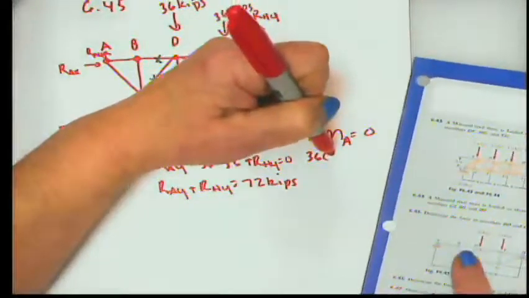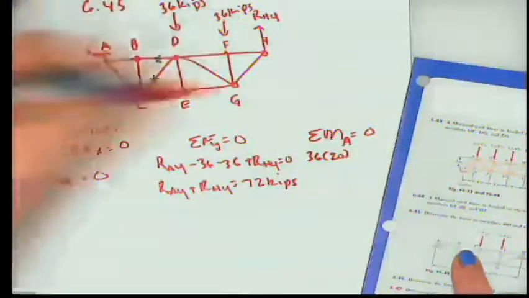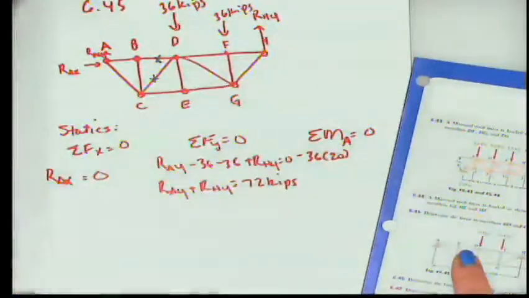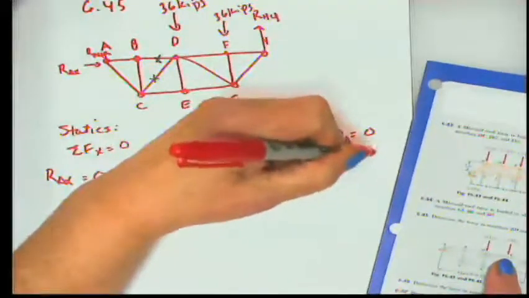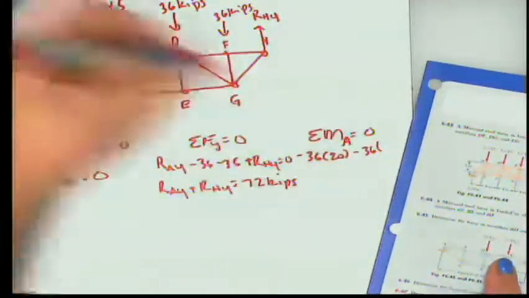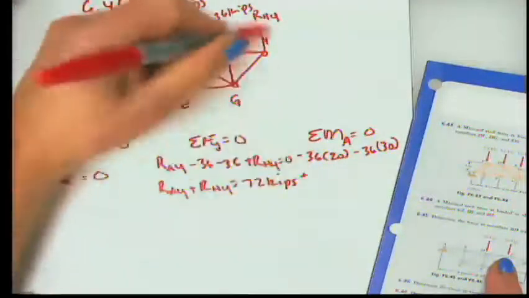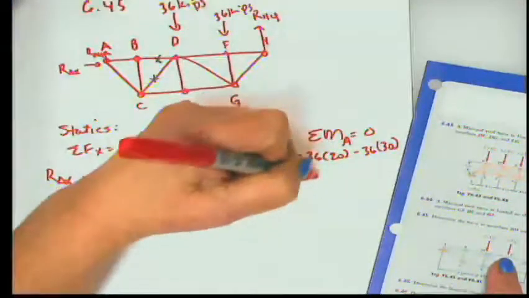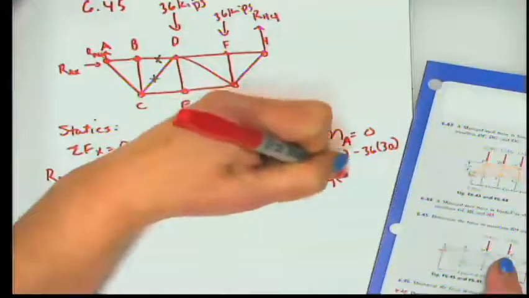So I have 36 kips acting at 10 plus 10, or 20 feet from point A. And that's going to try to spin it clockwise, which is negative. Then here at F, I have another 36, which is acting 30 feet. And then finally, I have RHY, which is going to try to go counterclockwise, so it's positive, at a distance of 40 feet.